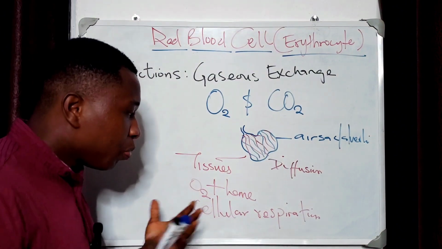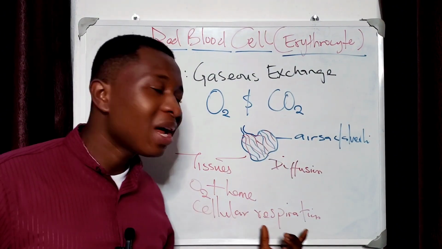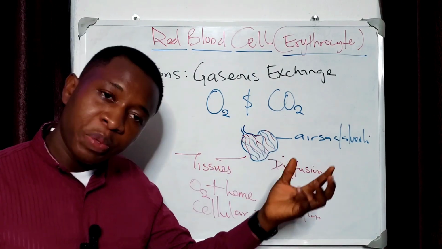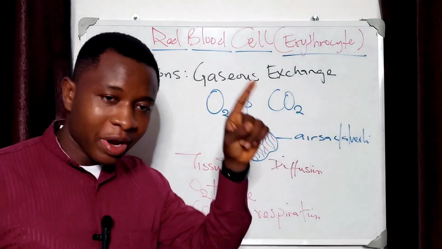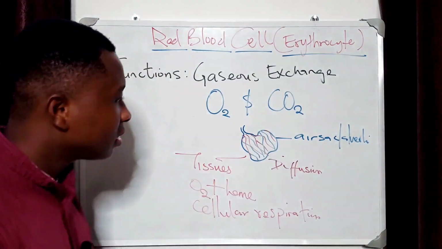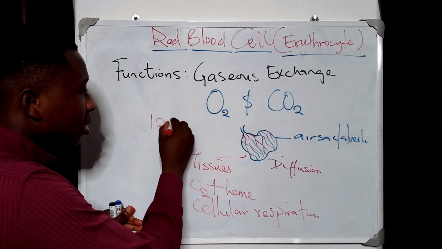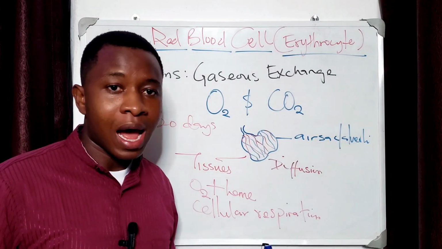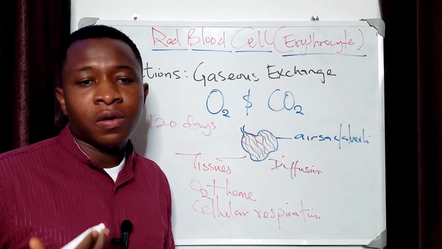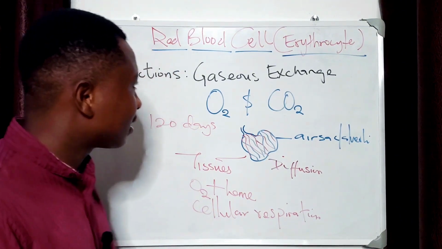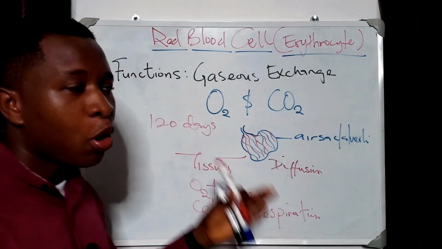It unbinds, dropping the oxygen for cellular respiration, and goes back to pick another. So that is how the red blood cell acts. That is the function of the red blood cell for 120 days, and then it disintegrates, and a new one is made from the reticulocytes. Okay, so that is just that about the red blood cell.